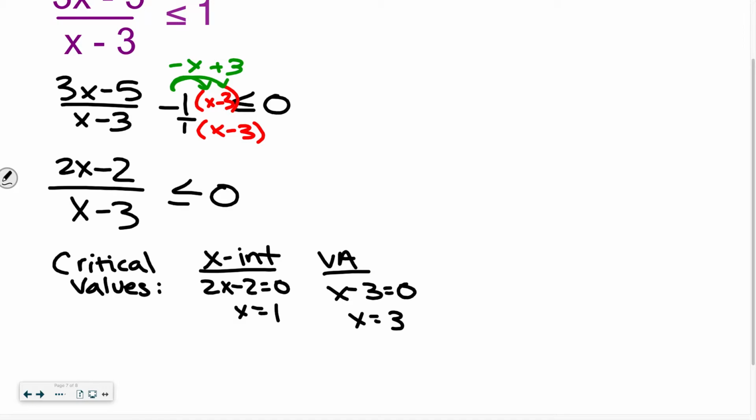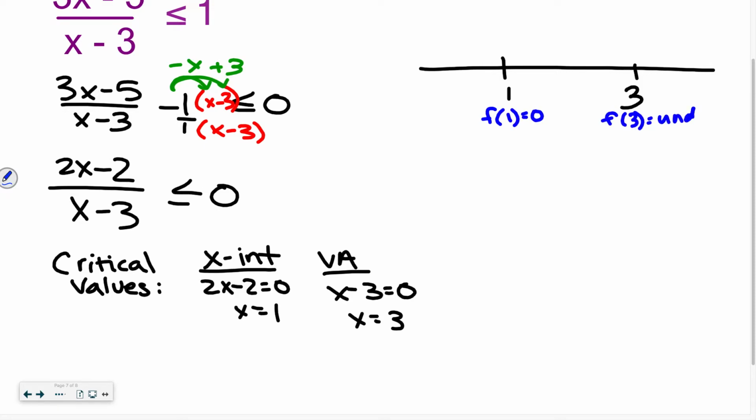So this time I only have 2 critical values, which will split my sections up into 3. So I only have to check 3 intervals. 1 and 3, I'm going to go ahead and mark this right now. F of 1 is 0. F of 3 is undefined, right? That's my vertical asymptote. I'll never include 3, but maybe I'll include 1.